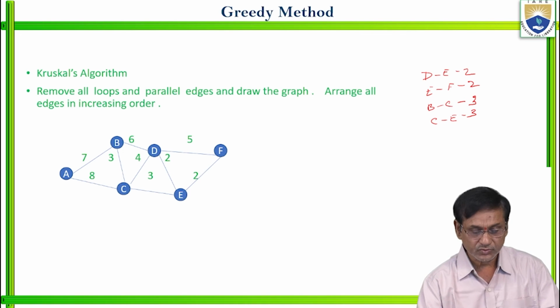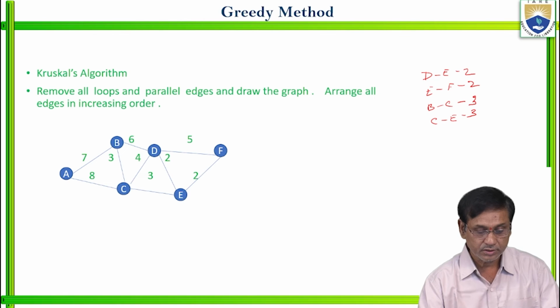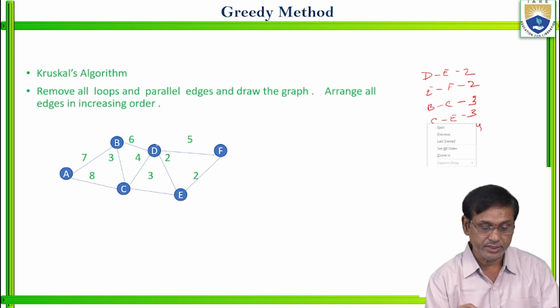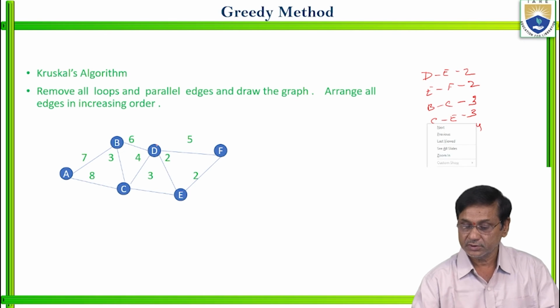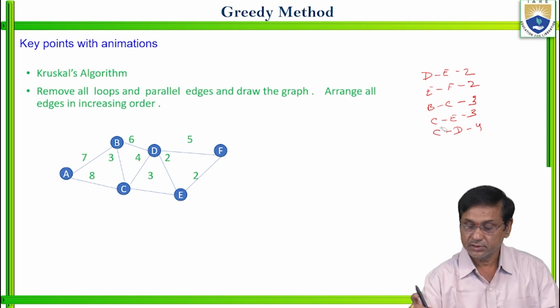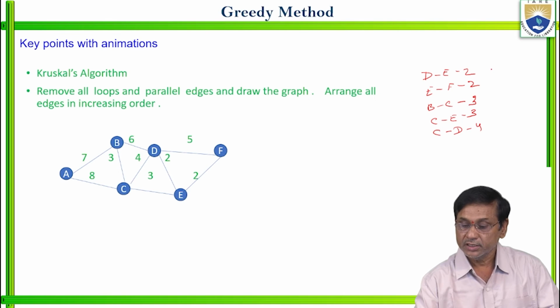Next, 4. That means CD. CD is 4. Then DF.